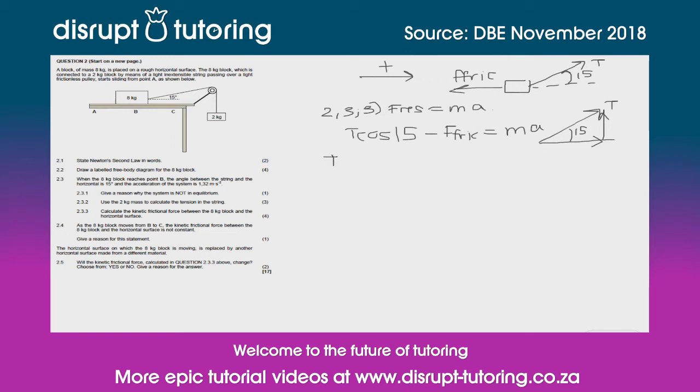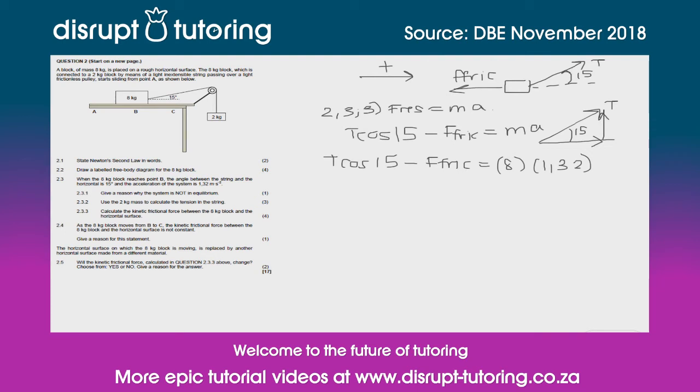Okay, so we know T cos 15 minus the frictional force is equal to 8 times 1.32, because that's positive going to the right, and it's the acceleration that was given to us. Okay, we know our tension is 16.96. We've just worked that out.